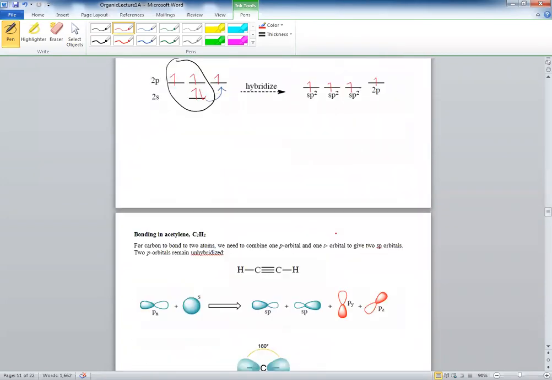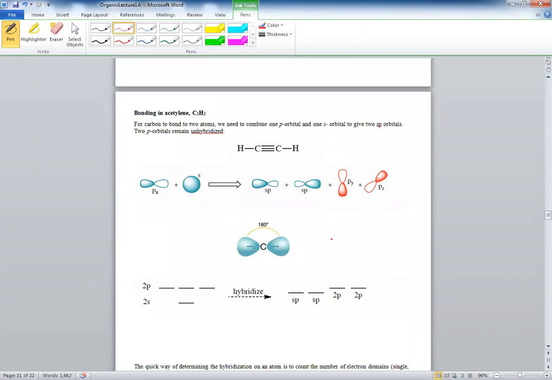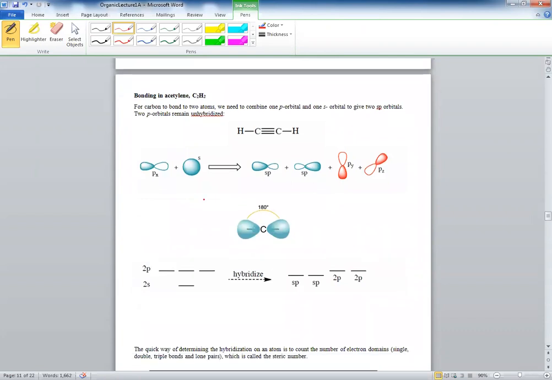So finally, for sp, let me jump right away here. You still do the promotion, you promote that, and I'll explain why. When you're mixing in this case, you're mixing a p orbital and an s orbital.